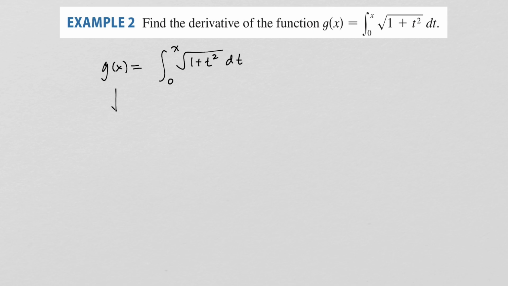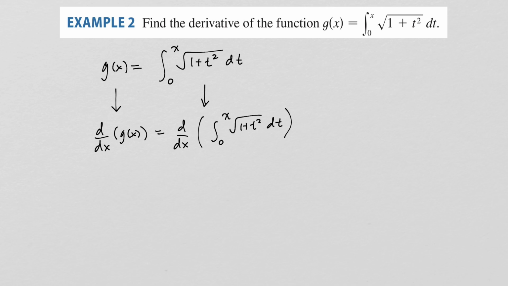Now, to get g prime of x, I have to take the derivative of g of x. And if I take the derivative of the left side of the equation, I'm going to also take the derivative of the right side of the equation. Now, the derivative of g of x is simply g prime of x. But what is the derivative over here?